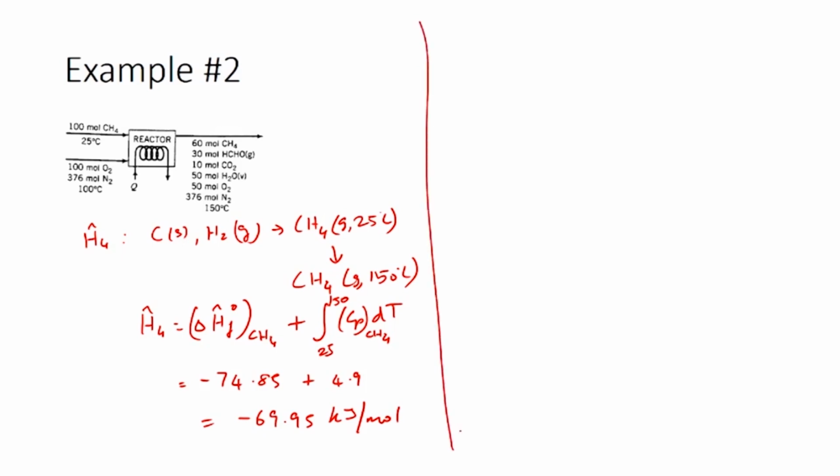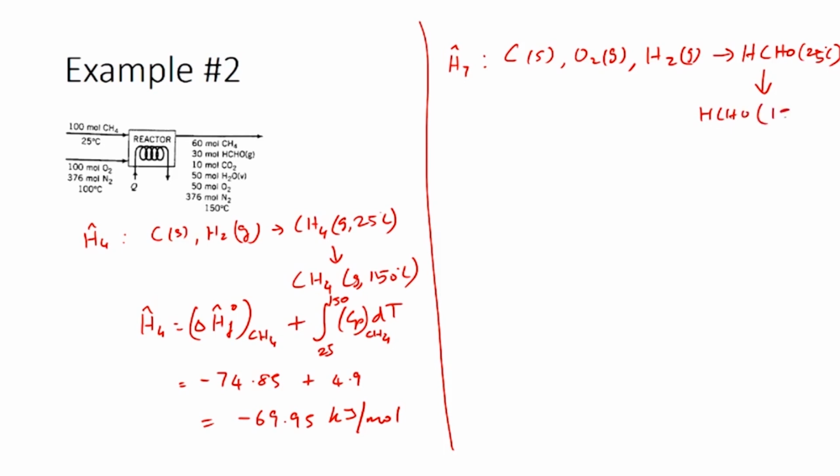Similarly, you can calculate H7 cap. So, H7 cap is nothing but formation of formaldehyde from carbon, hydrogen and oxygen, which is carbon solid, oxygen gas and hydrogen gas, all of which react to form formaldehyde at 25 degrees Celsius, and from here it is heated to formaldehyde at 150 degrees Celsius, and that would be the final condition for the exit stream.